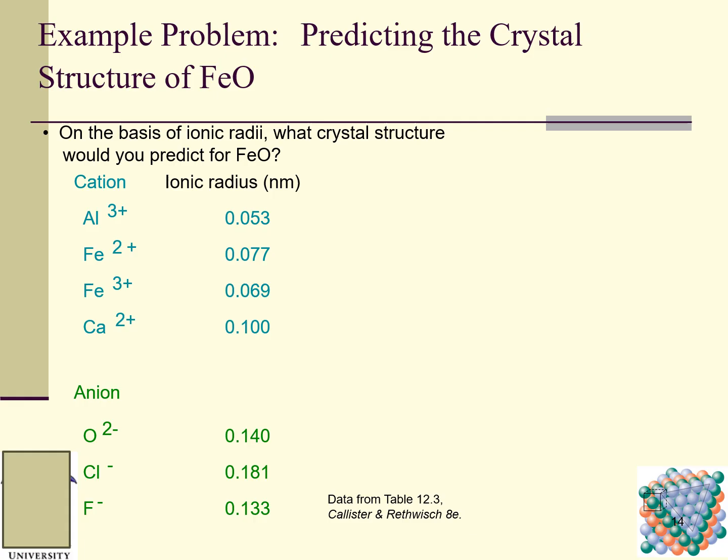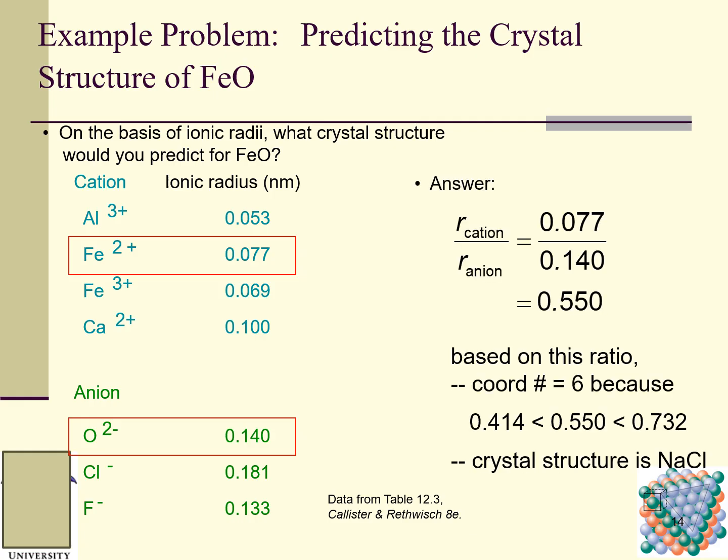So this is the iron, and this is the oxygen ion, and we can get this answer. Okay, so this ratio is this one. Based on this ratio, we go back to the table, and we can see that the coordination number equals 6. So the crystal structure is sodium chloride.